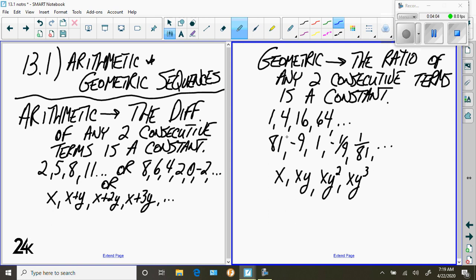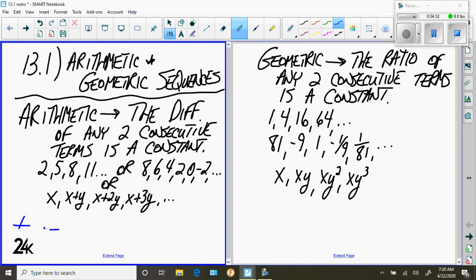I'm dividing by negative 9, dividing by negative 9, dividing by negative 9. Okay, I got that. And so that's a geometric sequence. And then this one down here goes x, xy, xy squared, xy cubed. I'm multiplying by y.